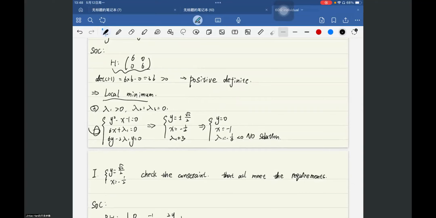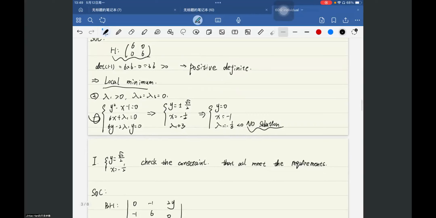The first one is y equal to 0 and x equal to minus 1, and lambda 1 is minus 1 over 6, which is less than 0. So this situation has no solution. We continue to discuss the other two situations.